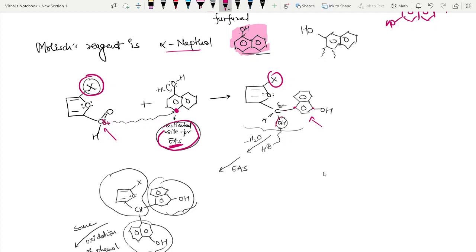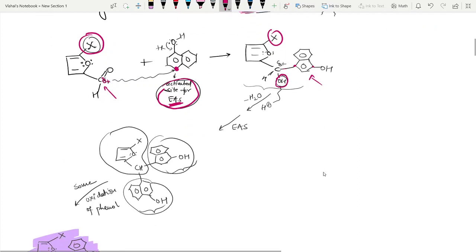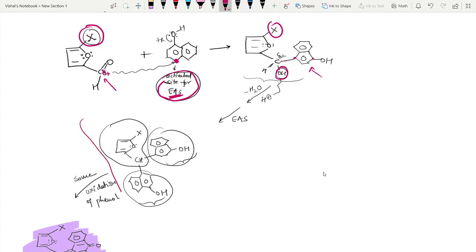And then once again you see here the alcohol group will pop out, and you can protonate and dehydrate it, and then once again another electrophilic aromatic substitution with the second beta naphthol will give you something like this, right?